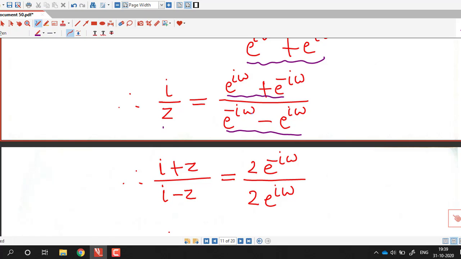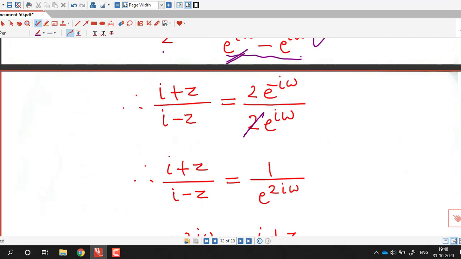If we add these two, we can see e raised to iw will cancel out, and we will have 2 times e raised to minus iw divided by, now we have to subtract this denominator from numerator. If we subtract, you can see e raised to minus iw will cancel out, and we will have 2 times e raised to iw.